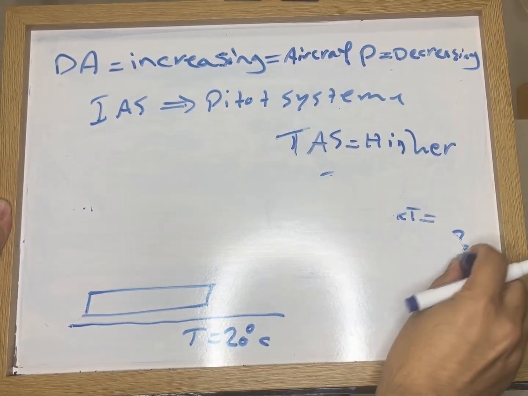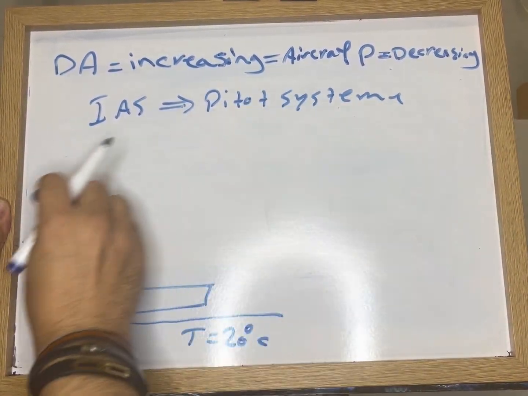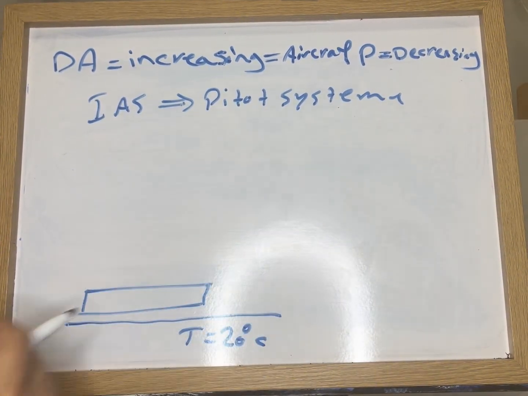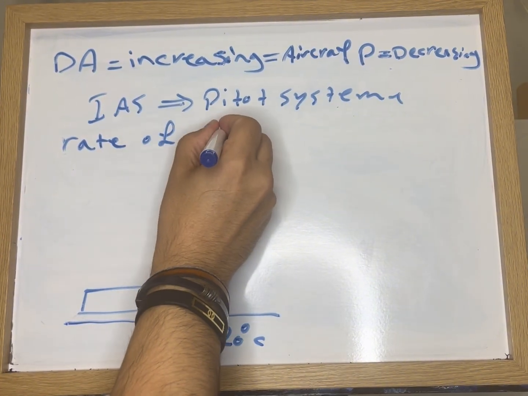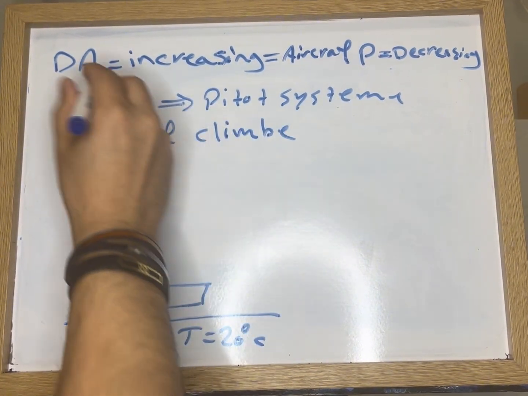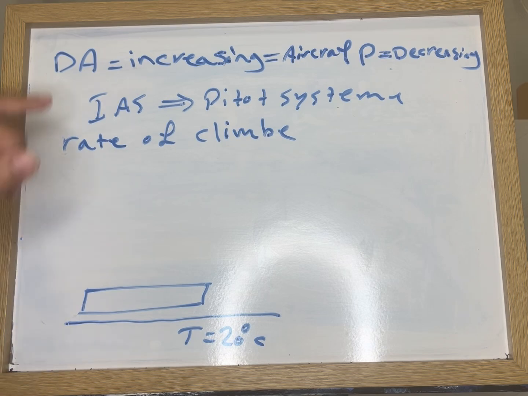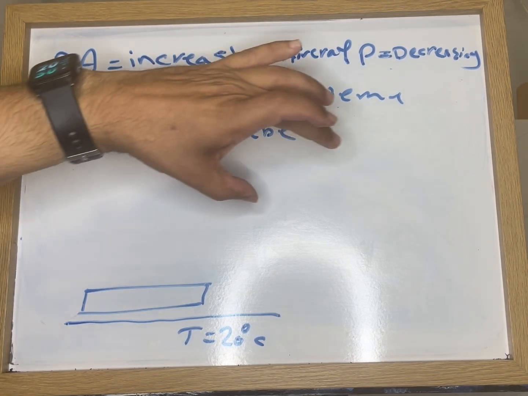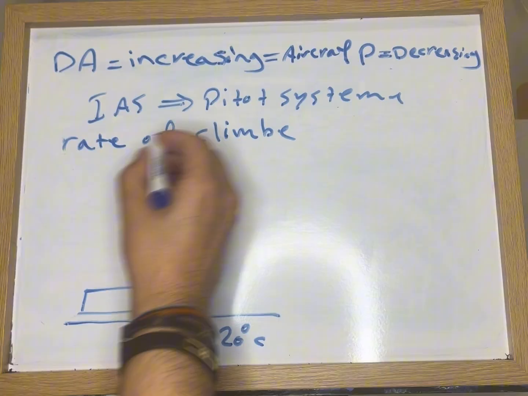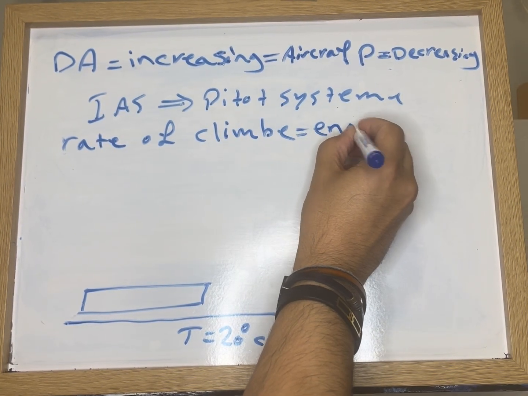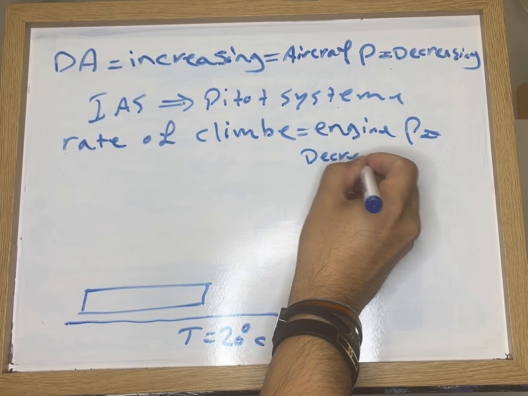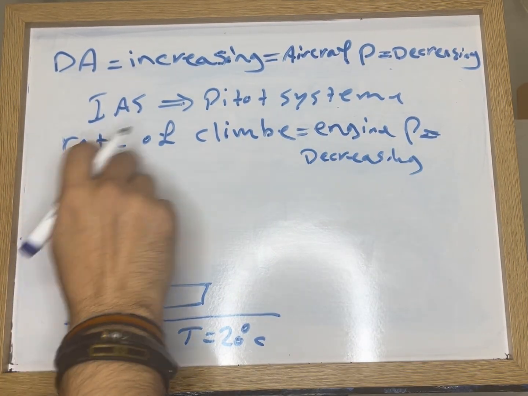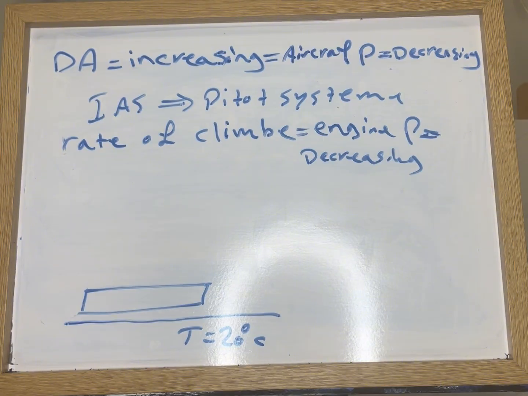Another factor impacting aircraft performance is rate of climb. Because at higher density altitude, due to the air being less dense, engine power decreases. That is why rate of climb decreases at higher density altitude.